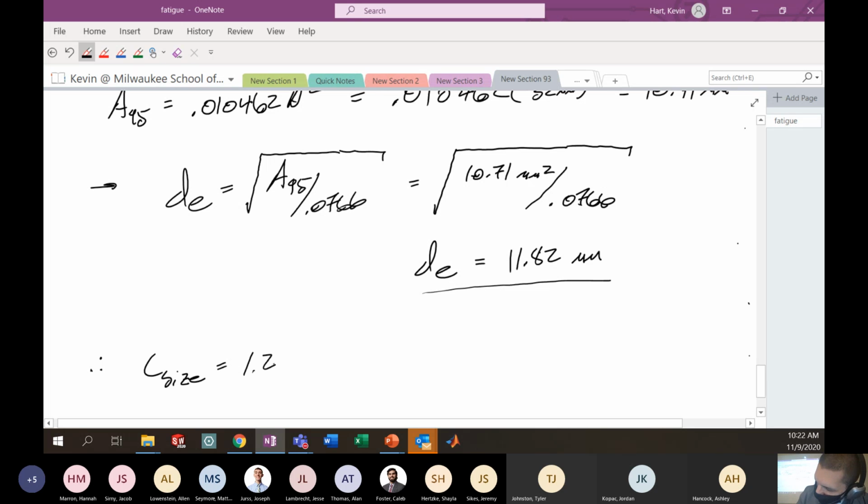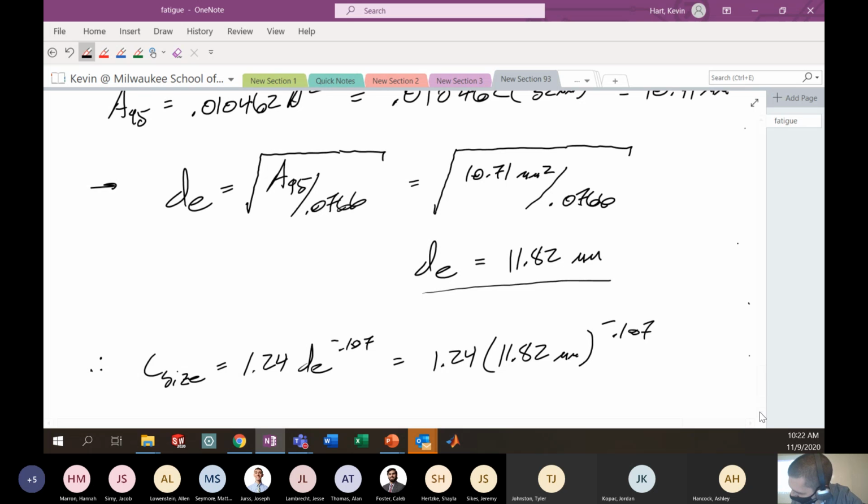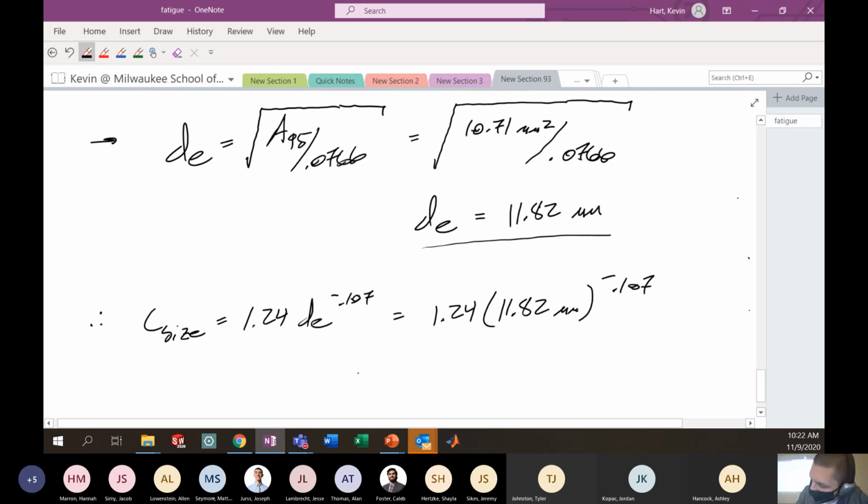So here this is going to be 1.24, except now my effective diameter is 11.82 millimeters to negative 0.107. And so for the non-rotating mode, my size correction factor is different, 0.952.